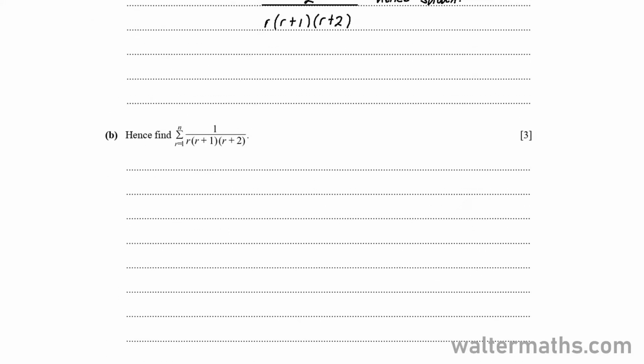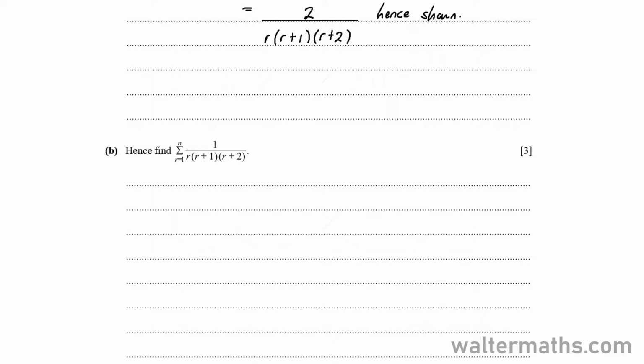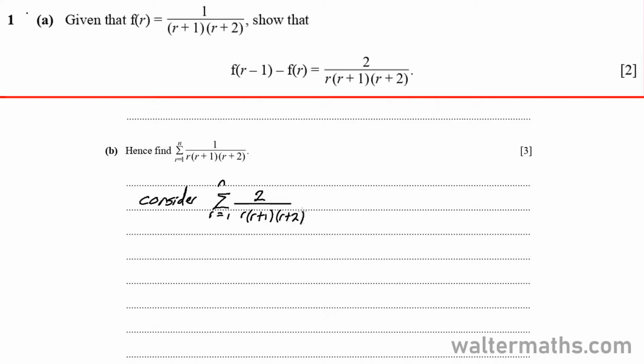On part B, the question goes, hence find the summation from r is equal to 1 of the form 1 over r(r plus 1)(r plus 2). So from what we've been given in the question, I'll say consider the summation from r is equal to 1 up to n, and we'll start with the one for 2 over r(r plus 1)(r plus 2).